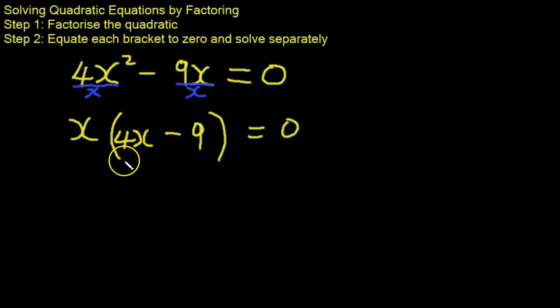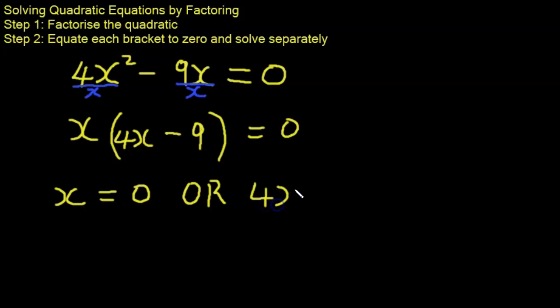Alright, so we equate each of them to 0. So we are saying x times 4x minus 9 is equal to 0. So either x is equal to 0, because if two values multiply to give 0, then one of those values has to be 0. Either the x is 0 or the 4x minus 9 is 0.